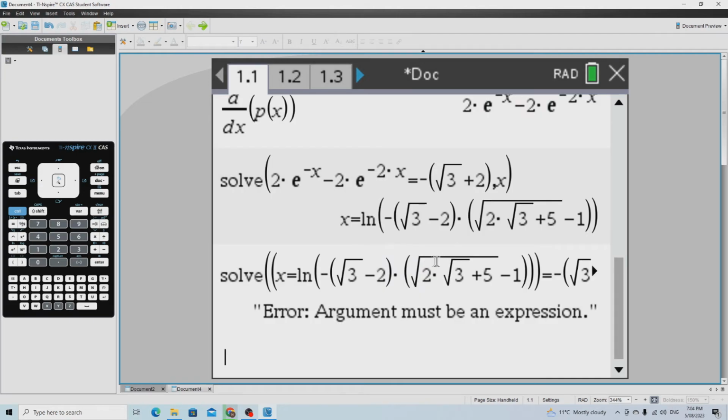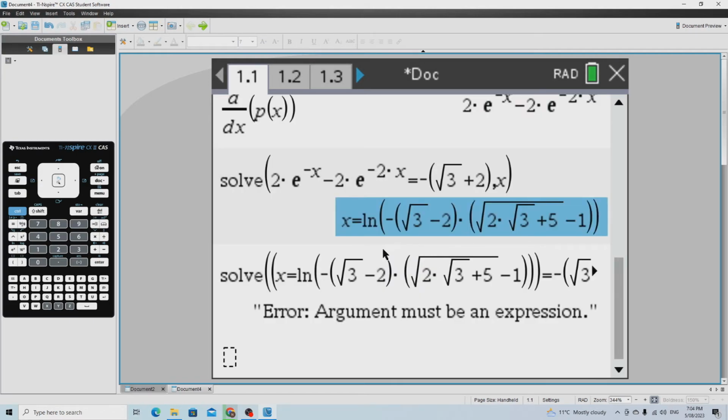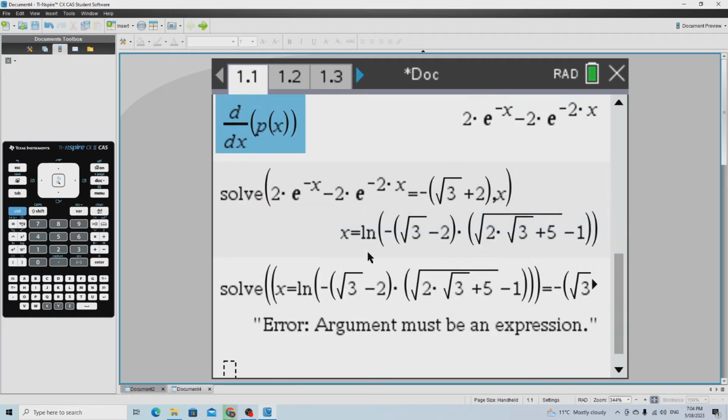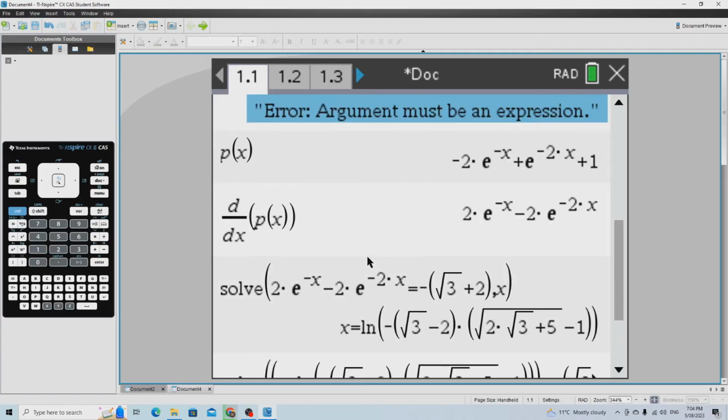Have I done anything wrong here? I'll be honest, it's such an ugly question.